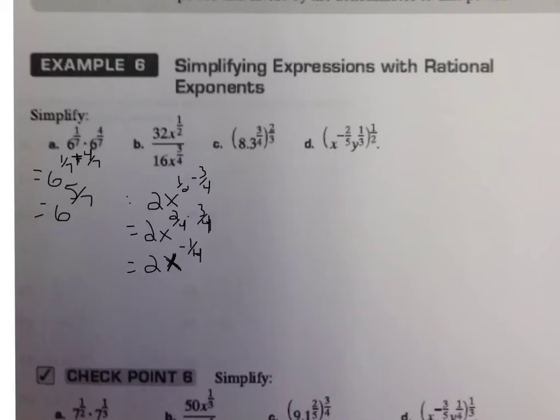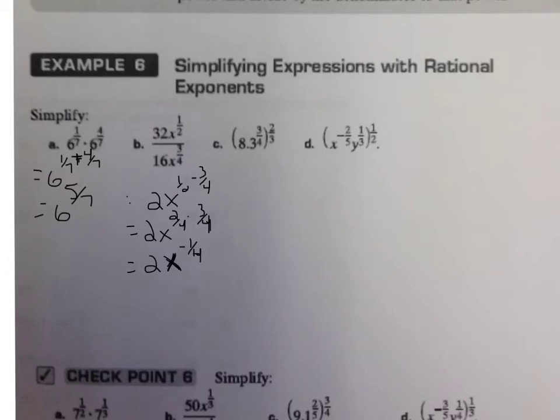Okay, so now I have a negative exponent. I don't want negative exponents in my answers, so I've got to get rid of that negative exponent. Well, we learned in the last example, example 5, that we can get rid of it by putting it underneath a 1. The issue is this negative 1/4 is only on the x, not on the 2. So we've got to only move the x down, and it would be underneath a 1.